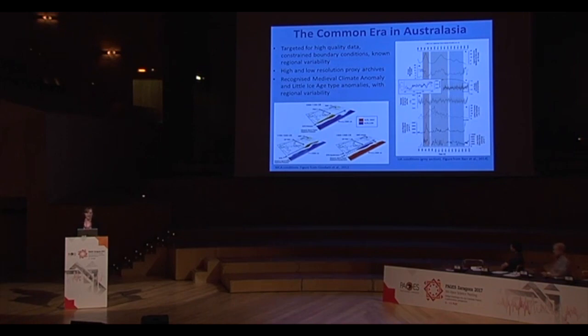The Little Ice Age has been investigated at more of a site-by-site approach, but at the same time, we do see that there is increased effective moisture during this time and decreased general variability. Within both the medieval climate anomaly and the Little Ice Age periods, the main feature that we see is very pronounced multi-decadal variability.